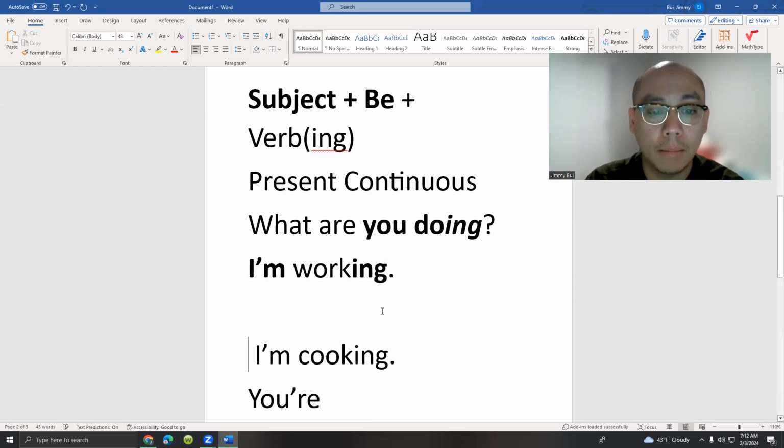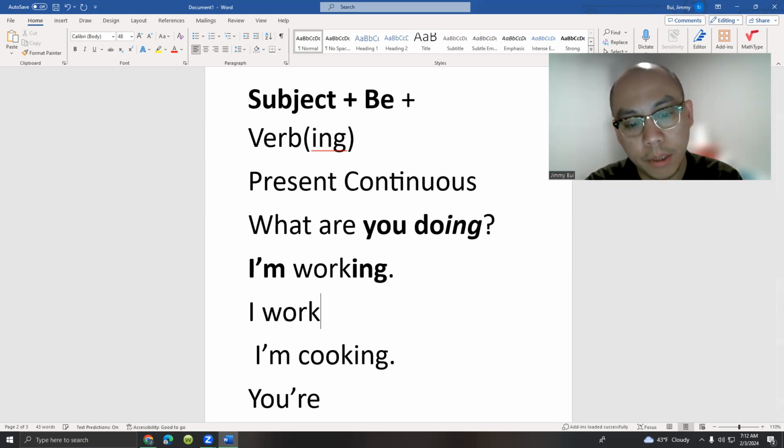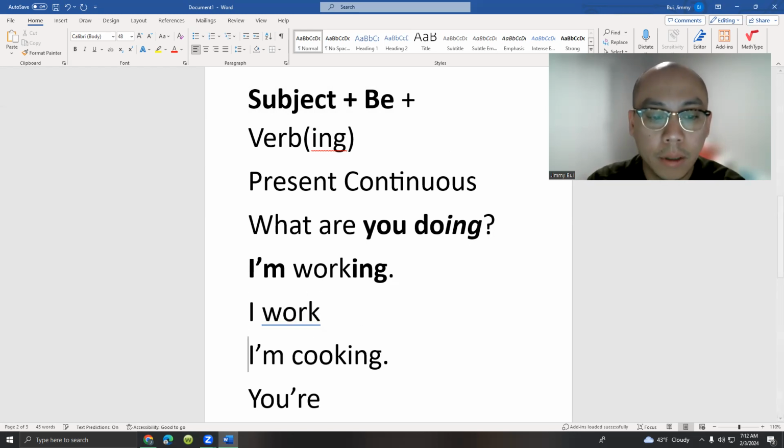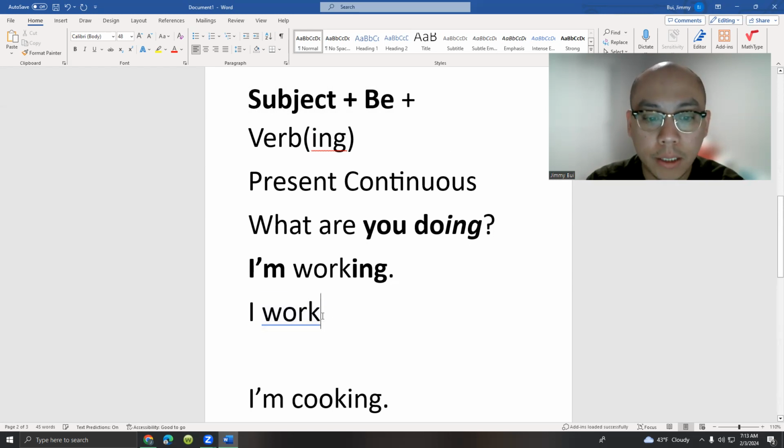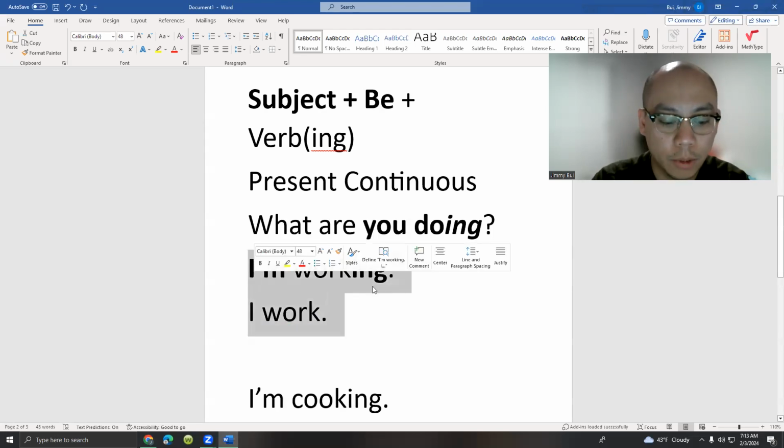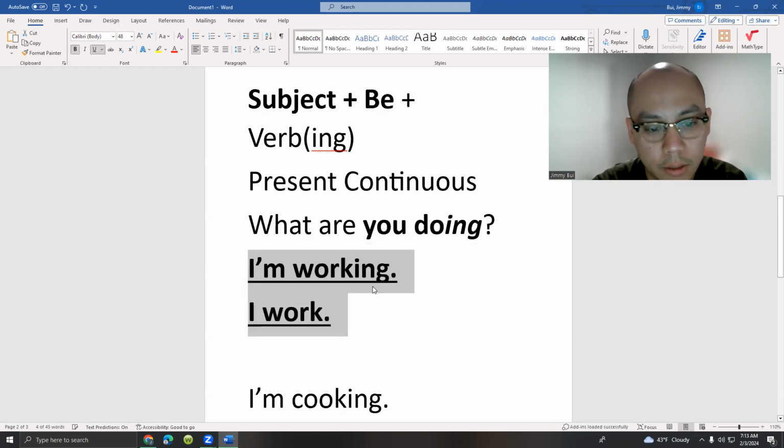Now, if you're unsure, the difference between simple present here is I work. Okay, I work. So what is the difference between these two sentences here? I'm working, I work.